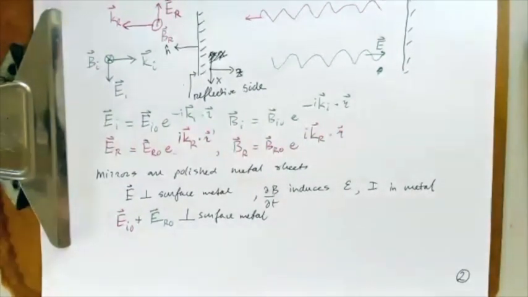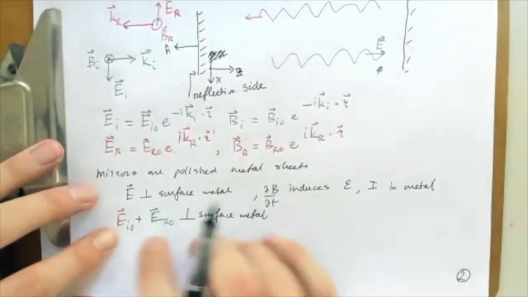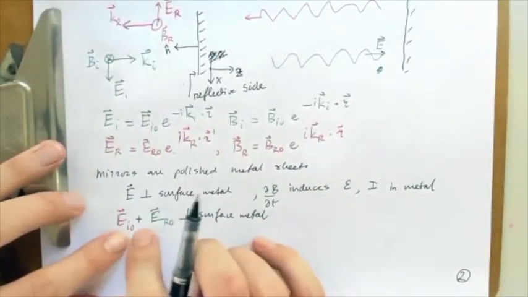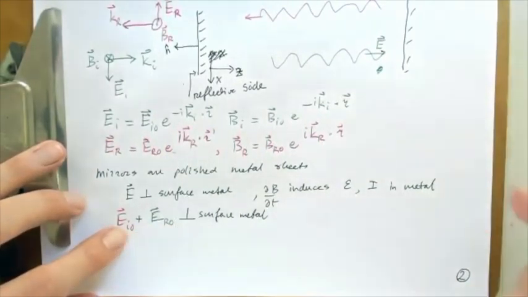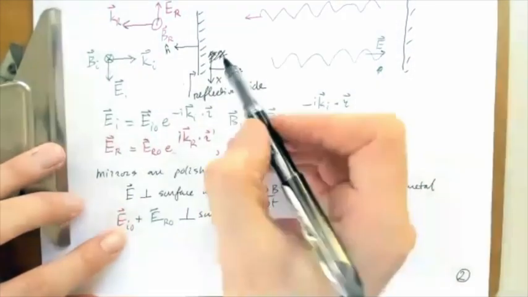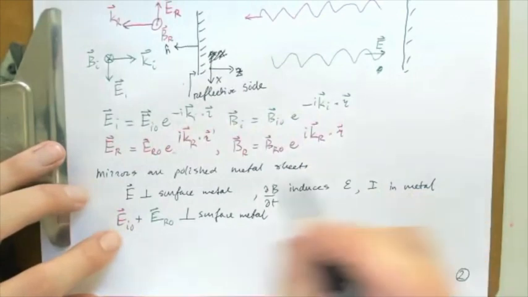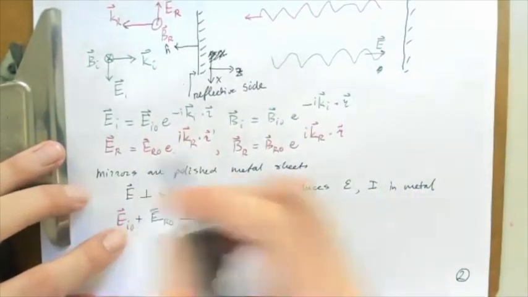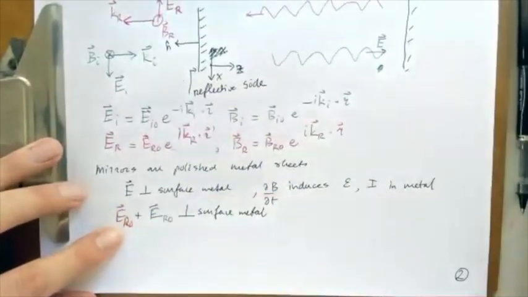Okay, so this mirror is interacting with the metal, so we need to take these two, and that means that if EIO is pointing in the x direction, right? Hey, I messed up my color codes. This is what happens when I start to do too many things at a time.